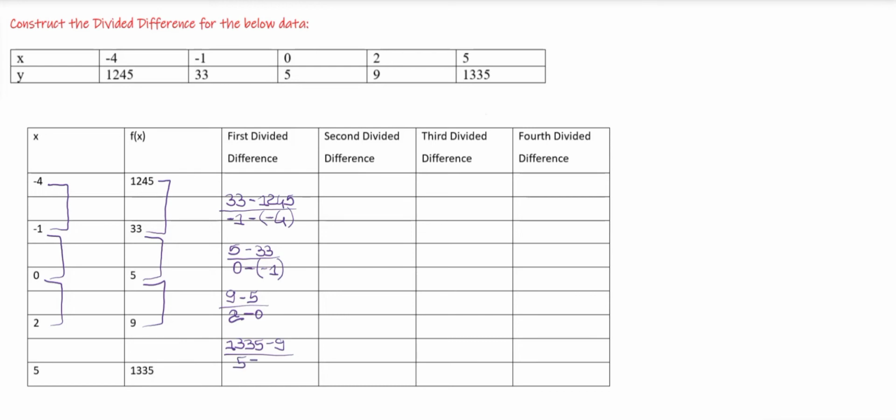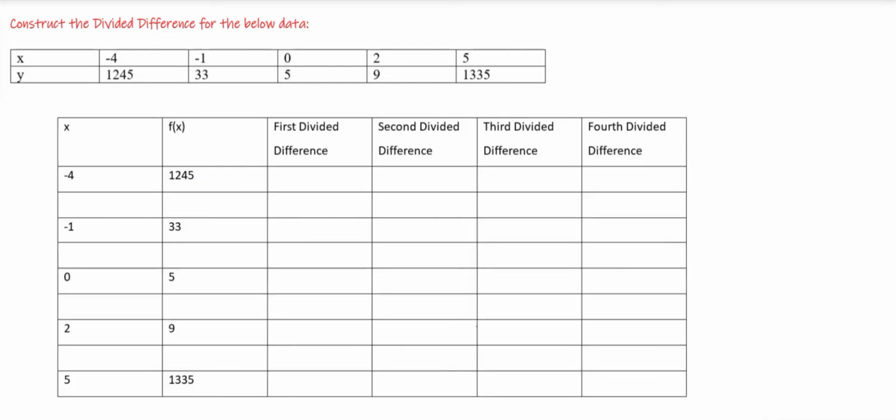Okay, so now let me just erase this and I'll write these values after calculation. So it comes out to be minus 404, next one minus 28, then 2, and the last one as 442. Now how will we find the second divided difference?